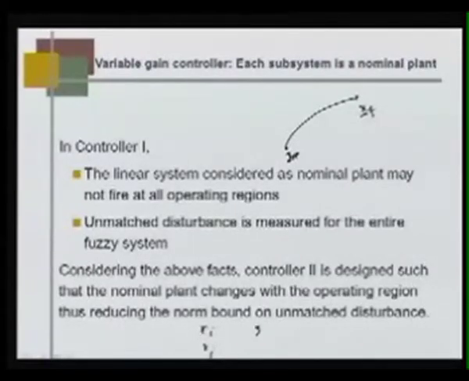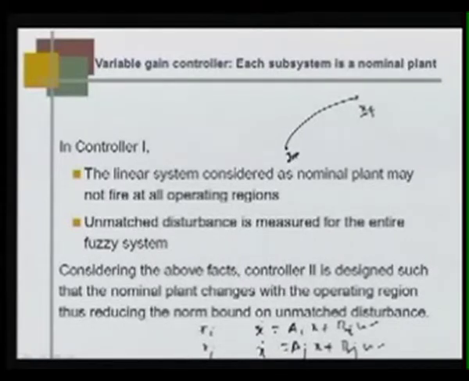Rule i is x dot is A i x plus B i u, and rule j is x dot is A j x plus B j u. In this second controller, we consider all of them to be nominal plants.